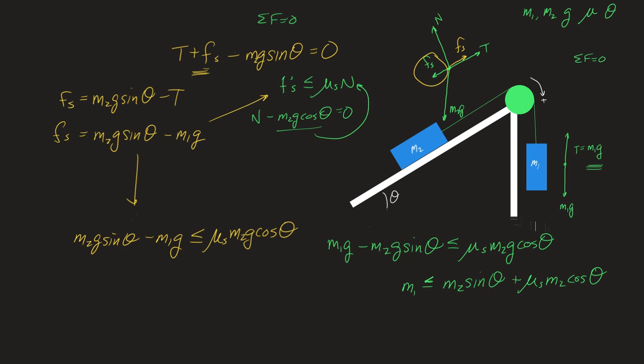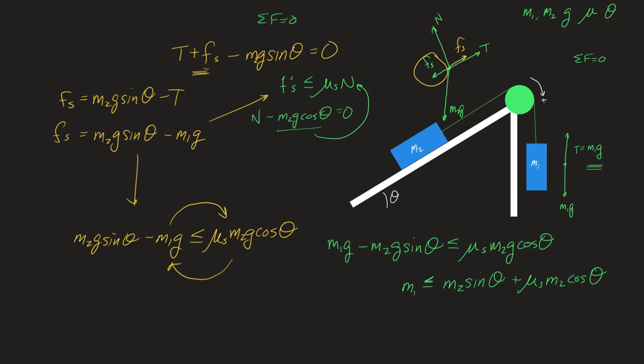So you just have to solve this for m1. I'm going to cancel out all the g's, and I'm actually going to move m1 to this side. Because it's negative, I'm going to add it to both sides to make it positive. That okay with you guys? And I'm going to move this to the other side and make it negative. I don't have to do it this way, I just am.